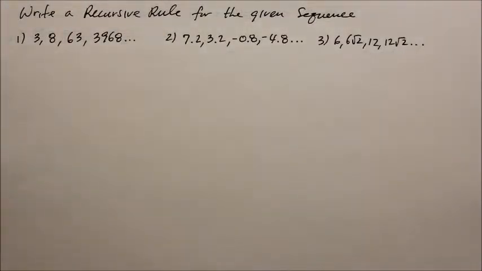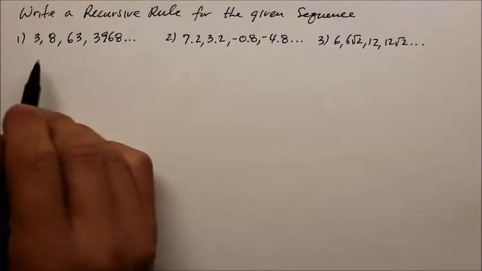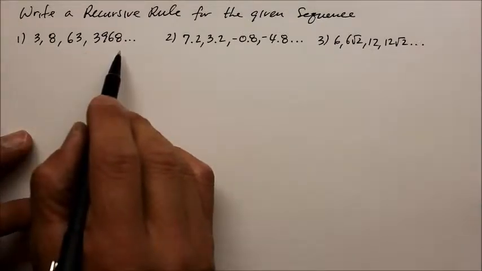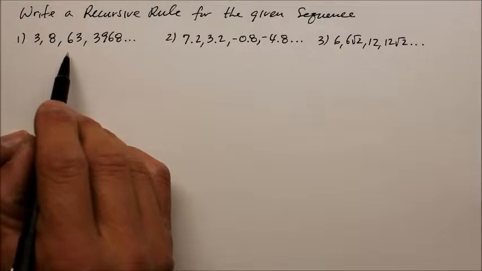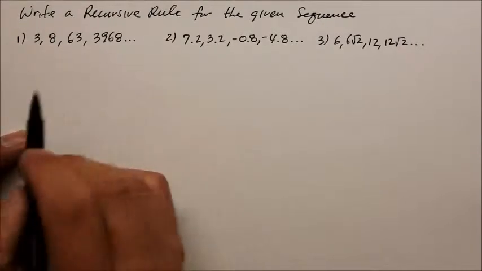So now that we know how to write the recursive rule, given an initial term and a common difference or a common ratio of an arithmetic sequence and a geometric sequence, now we are given a sequence itself. Now we have to determine what the initial term is and whether it's a ratio or a difference or whatever, and then come up with the rule itself.